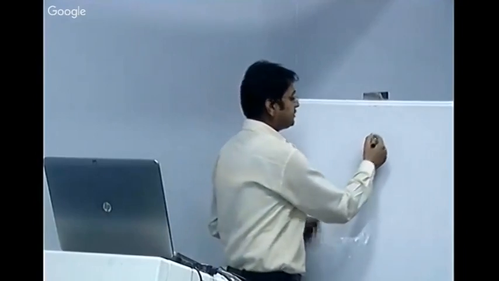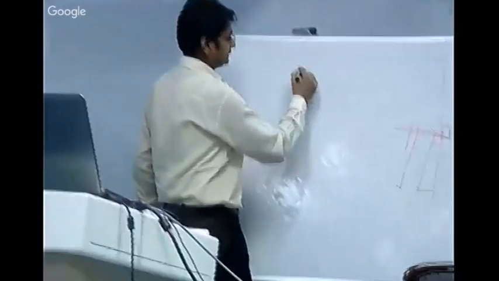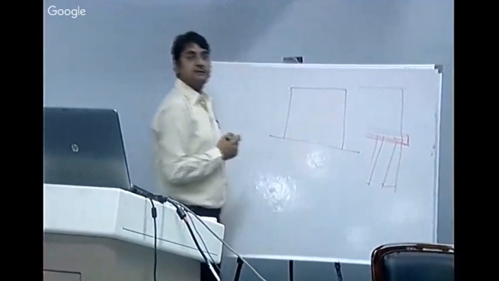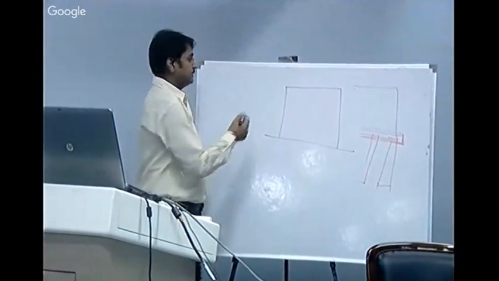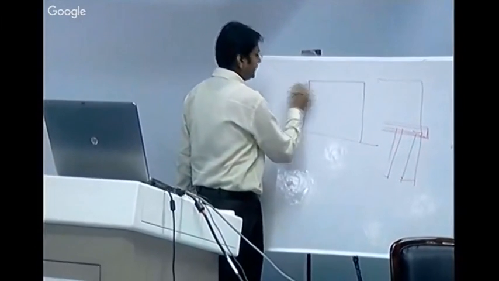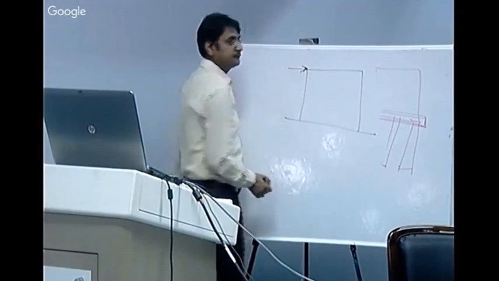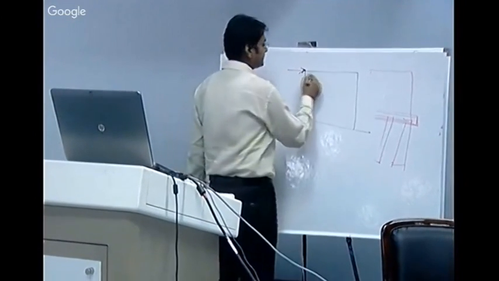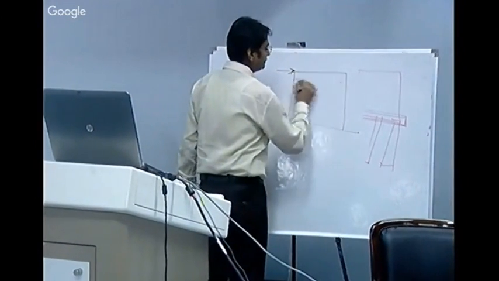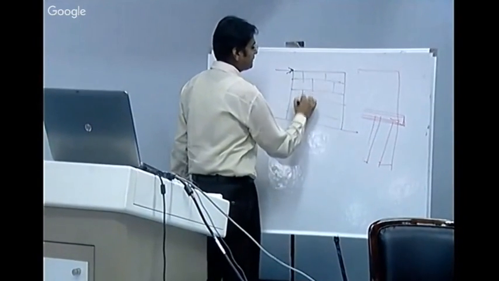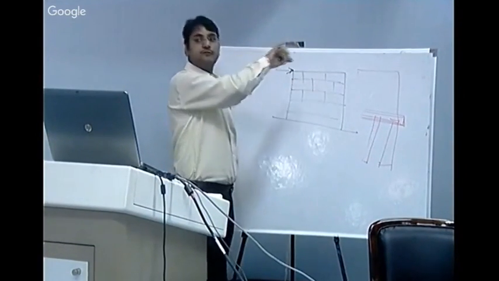Suppose this wall is there and the earthquake force comes in this direction. This direction of the wall is in plane, because the force is acting in the plane of the wall.